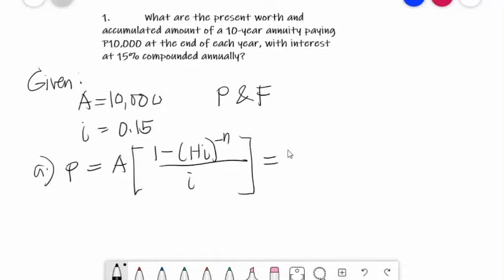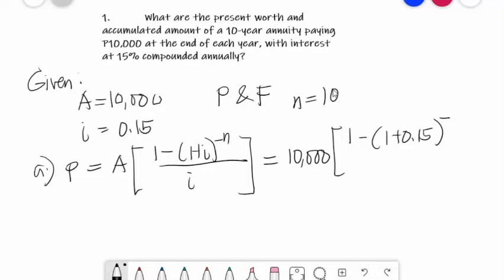So that is equal to 10,000 multiplied by (1 minus (1 plus 0.15) raised to negative n). We have t here, but it is n since it is annual. So n is equal to 10 years, raised to negative 10, divided by 0.15.